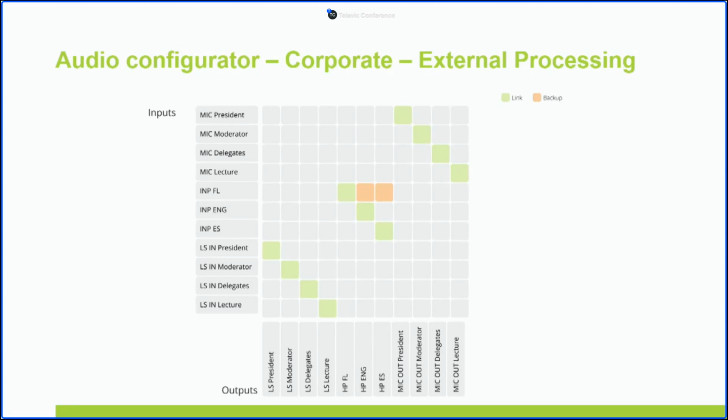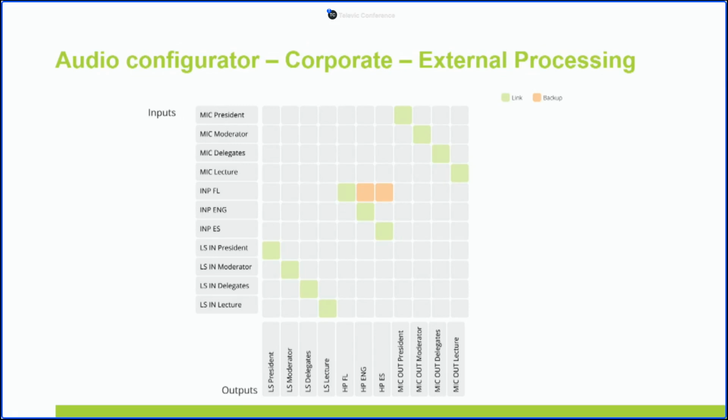And then you say, okay, on my interpretation channels, on the floor of my headphone, I bring in the floor. On the English channel, I put in the English translation or interpretation from Zoom, and so on. So in this case, everything is handled outside of our system, but we can bring in and bring out all the audio signals so that you can use the microphones and the headphones in your system.